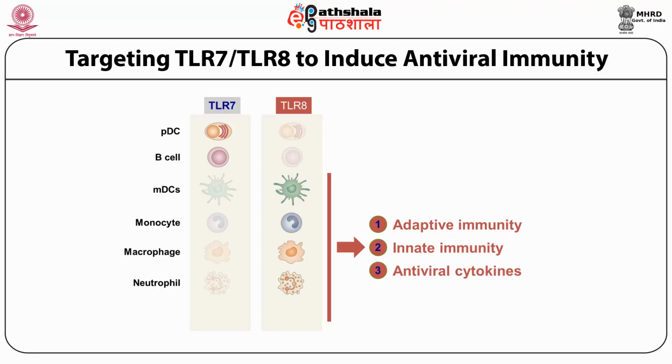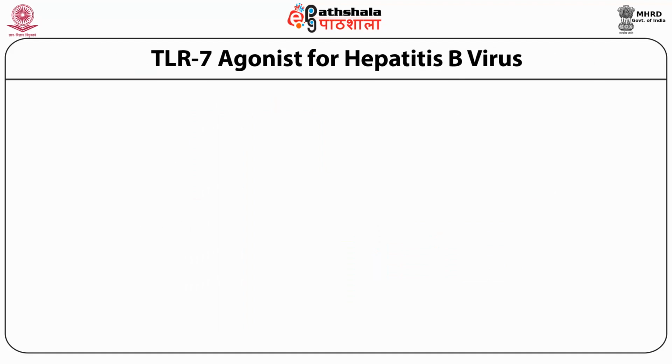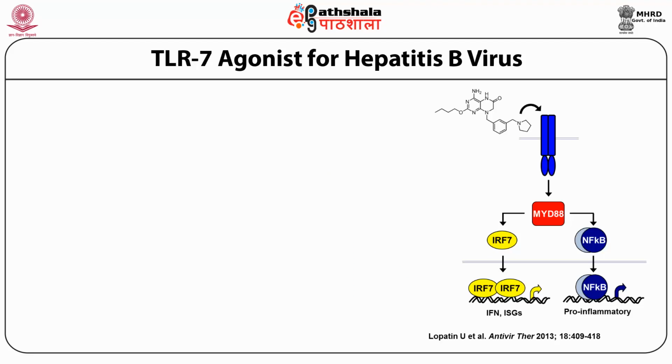All together, what they do is increase the adaptive immunity, increase the innate immunity, and produce antiviral cytokines to clear the virus. I will give you an example of one drug company, Gilead, which has produced a TLR7 agonist for hepatitis B virus induction.